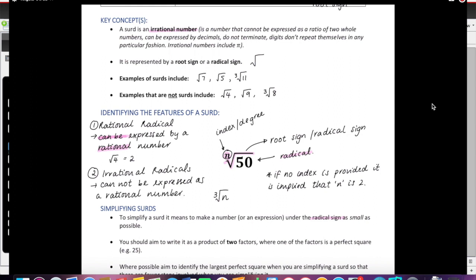For example, this could be the square root of 3, which is an irrational radical. So just make sure you make note of this as well, because it will be really important in the future, especially when you're looking at key terminology for this particular unit.